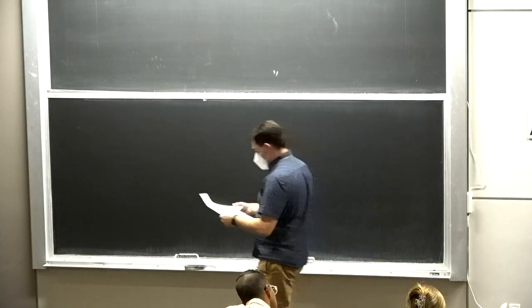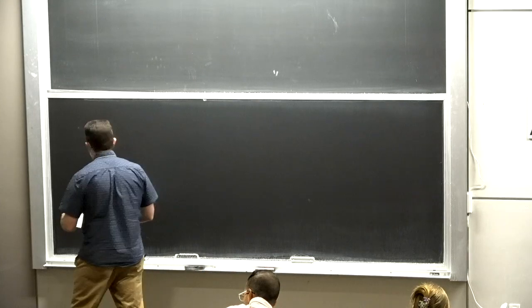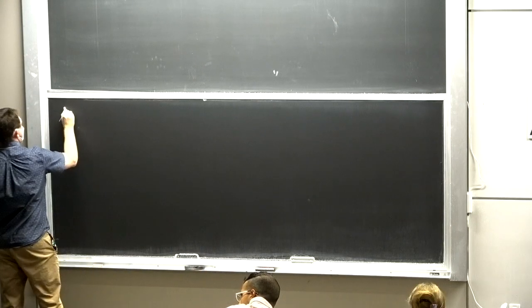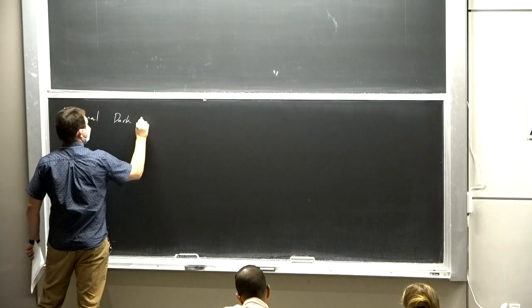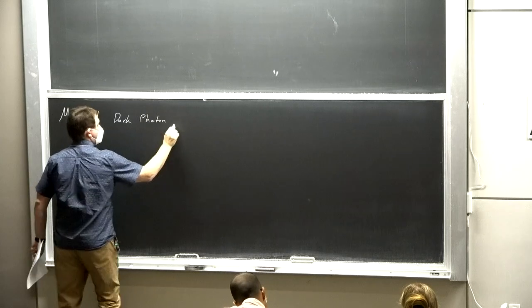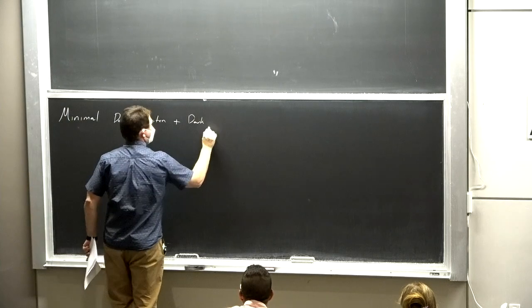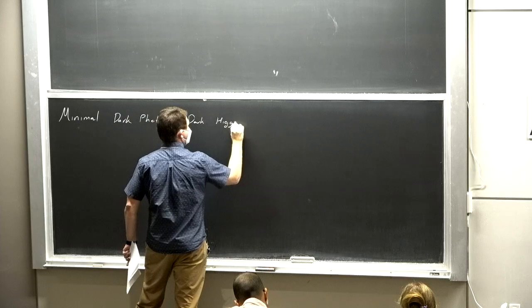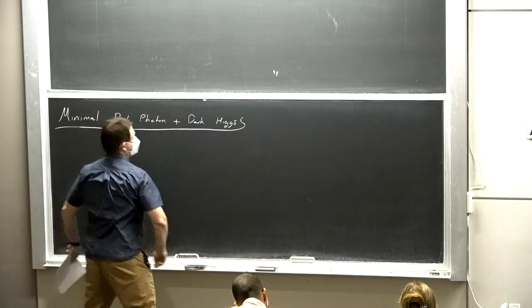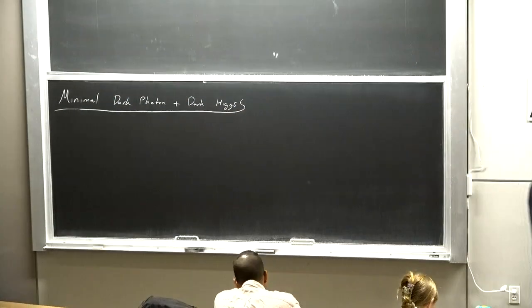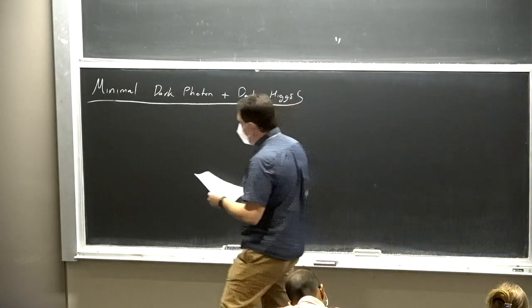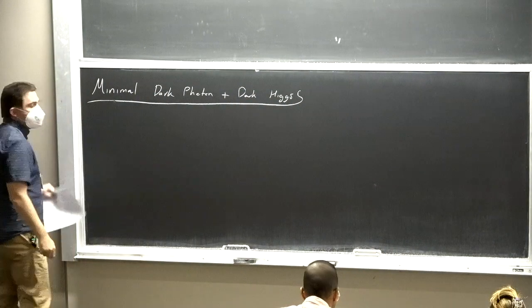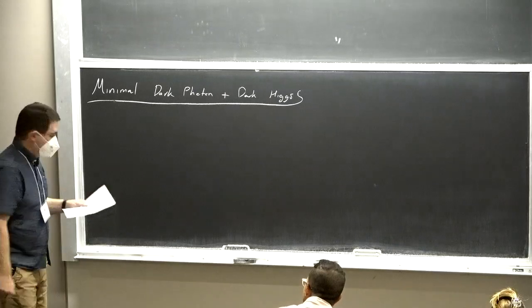And so the minimal dark photon plus dark Higgs model involved all of the ingredients that the minimal dark photon model had, but now we have a scalar state that's charged under this abelian U1 dark.